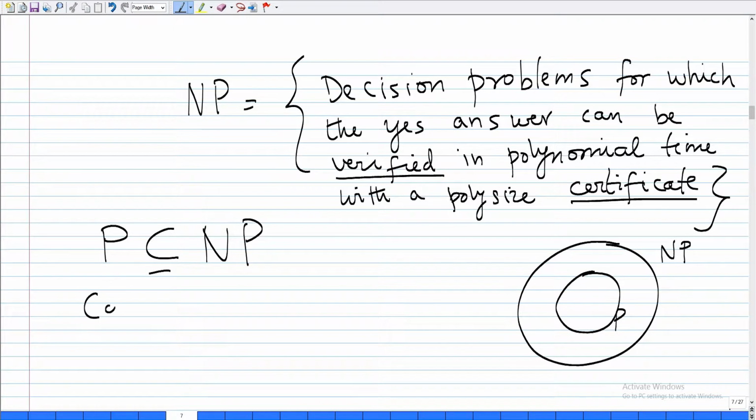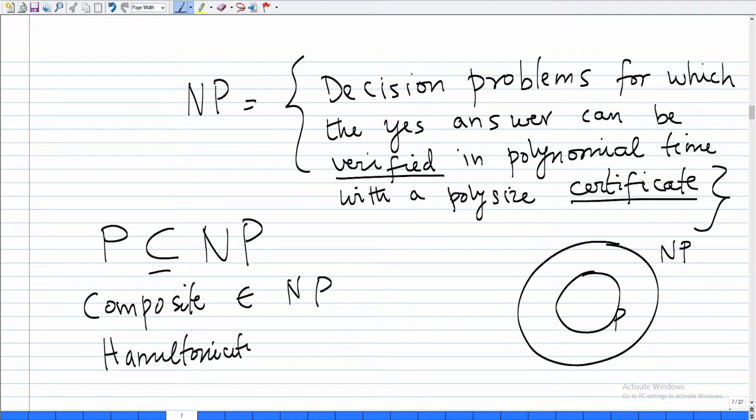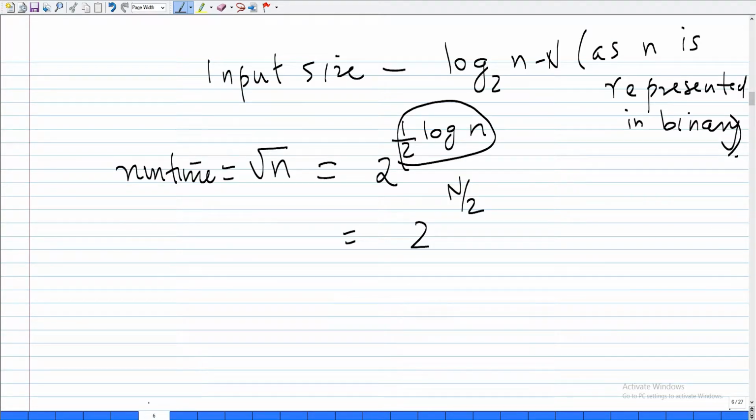So, compositeness is the problem of whether it is composite, Hamiltonicity. I mentioned this prime problem.